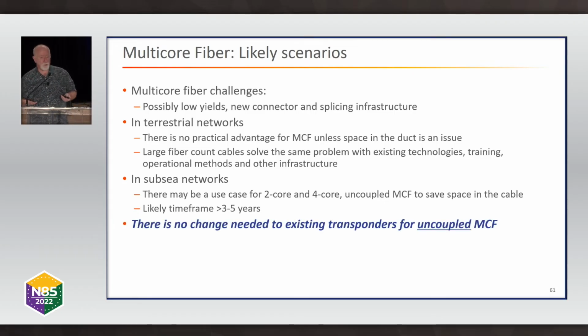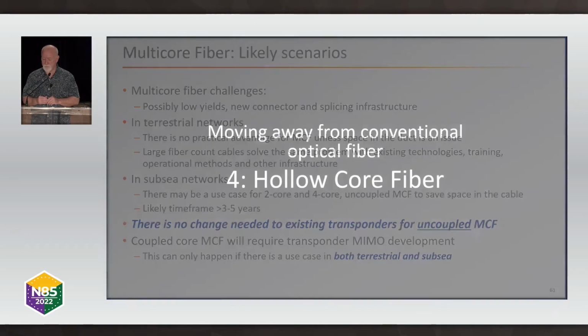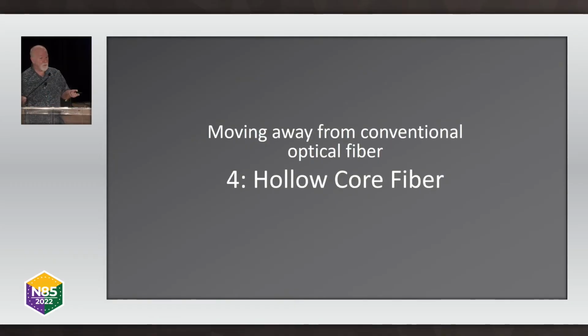So the good news is with uncoupled multi-core fiber, there's no need to change any existing transponders. They'll work on the multi-core fiber, but coupled core multi-core fiber is going to need new transponder designs.